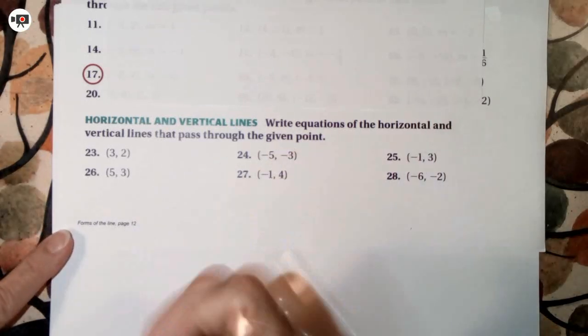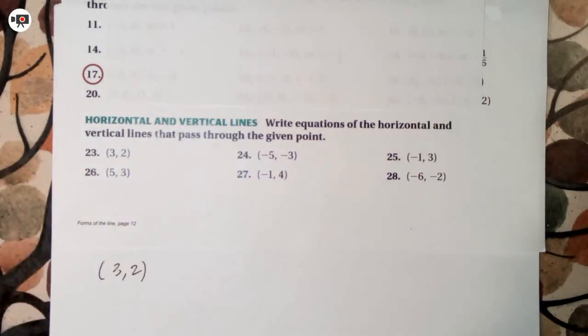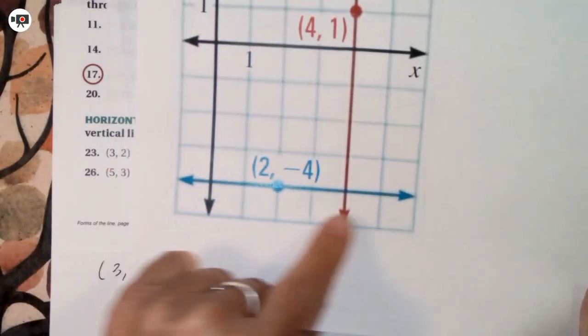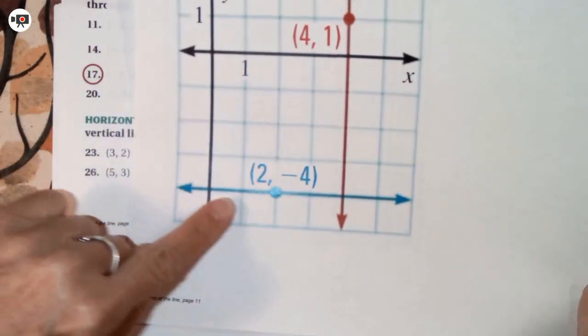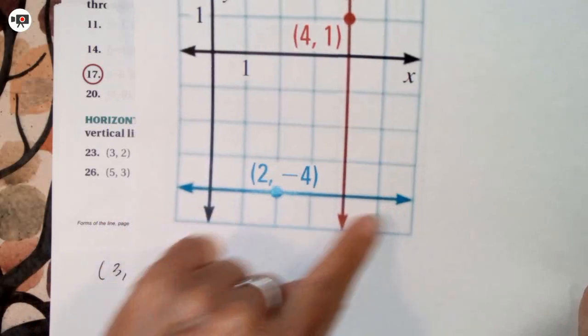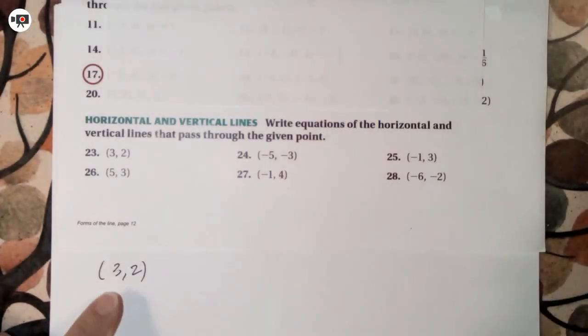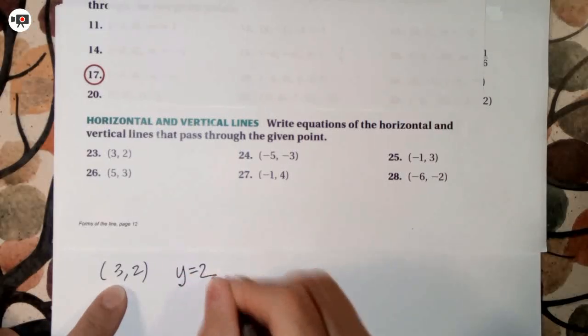So here if we have 3, 2, remember what we just did. The horizontal one always has the same y. Well, since I know that y is 2, and it's a horizontal line, then the equation must be y equals 2.